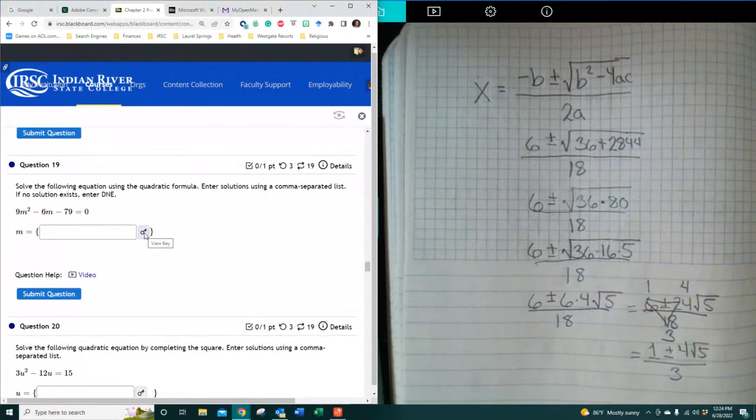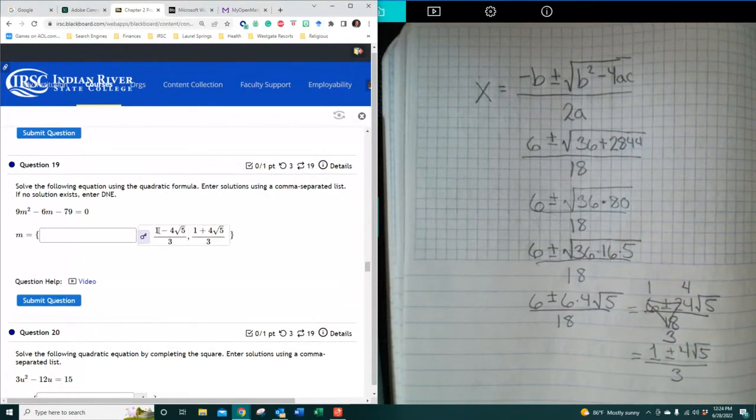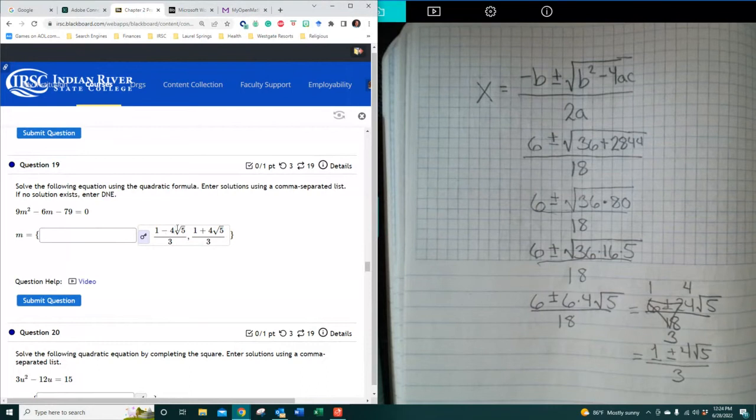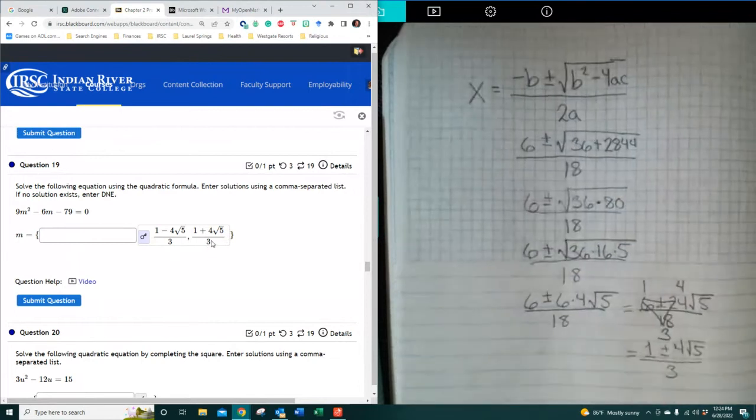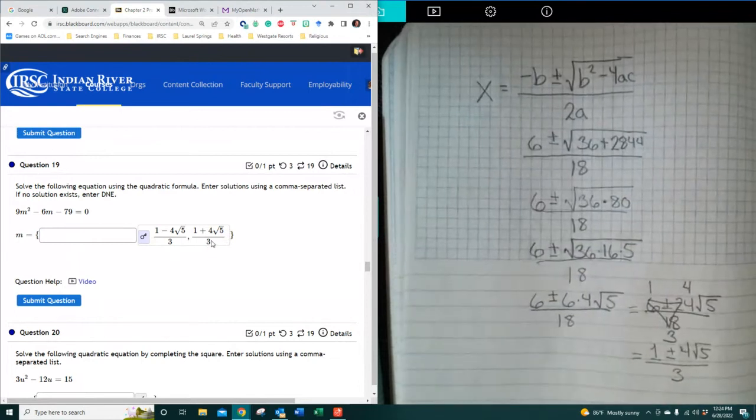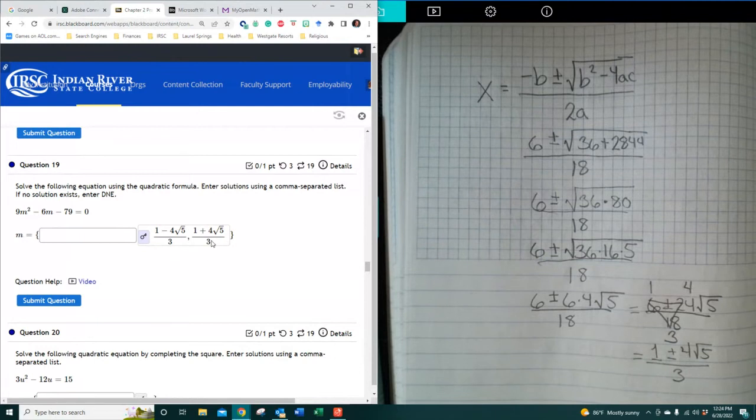Well, they have the plus or minus, so they're going to separate the value. So it's 1 minus 4 radical 5 over 3, and then 1 plus 4 radical 5 over 3. So the exact same answer we came up with here. Now that was not a picnic. That was pretty tough. You've got to keep calm and just do what you need to do to simplify it.